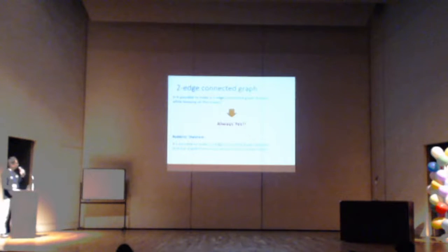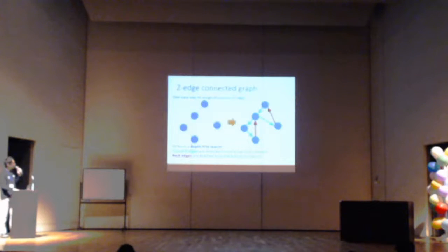I can show you one simple way to construct this. We can perform a depth first search from one vertex, and mark forward edges as directed from top to bottom, and back edges from bottom to top. Then all vertices are reachable from other vertices.